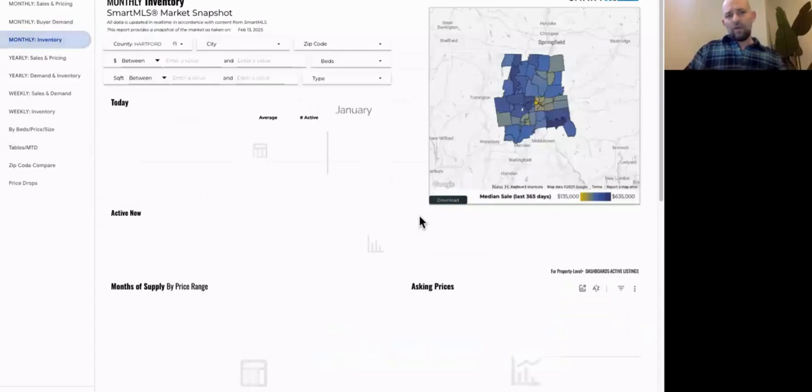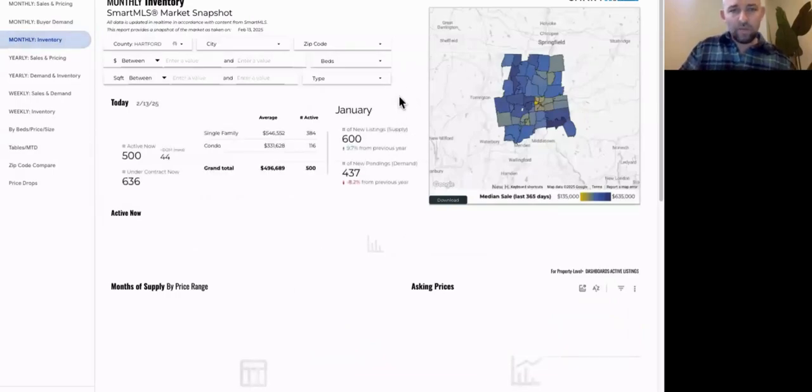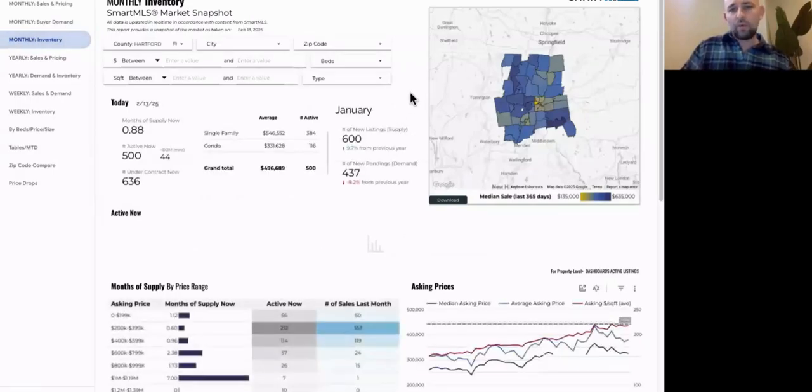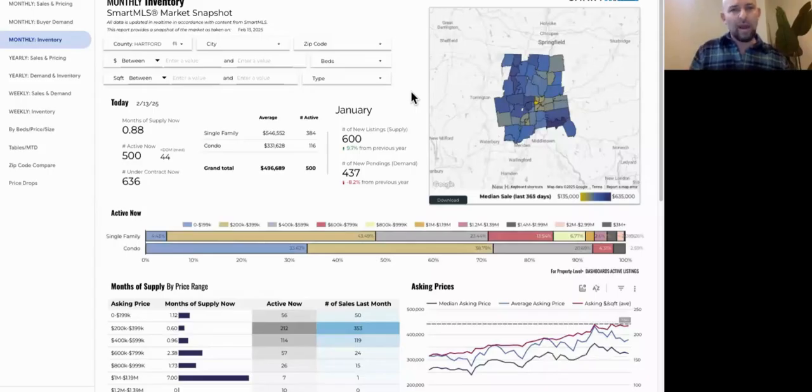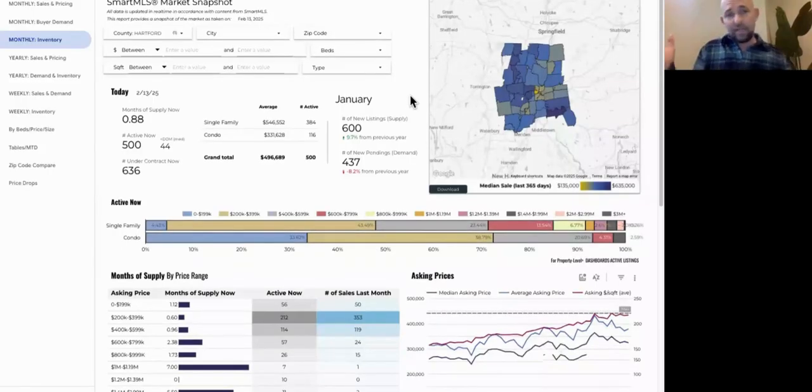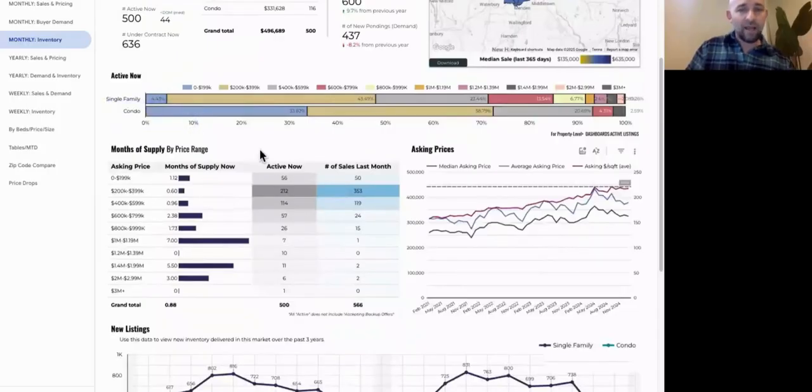The last thing I'll show you on the monthly part is this inventory component, which is really helping you guys articulate what the balance is right now across the market. And the way that we obviously look at this is we look at the sellers versus the buyers. Months of supply is one of those ways we can break that down. You guys are all familiar with how that is calculated.